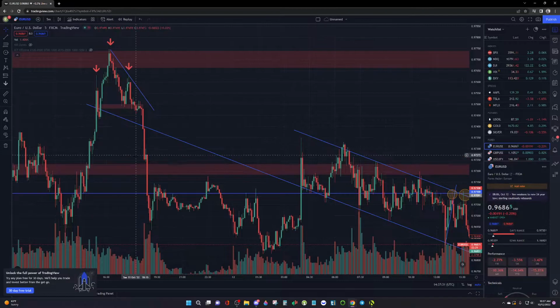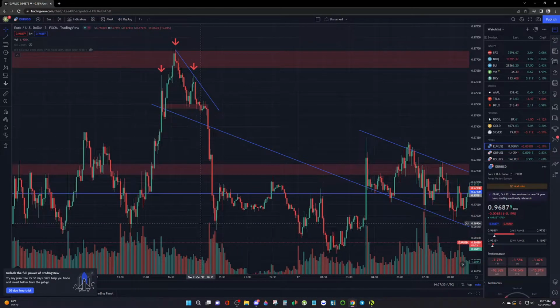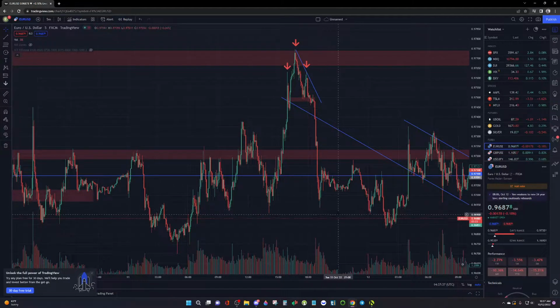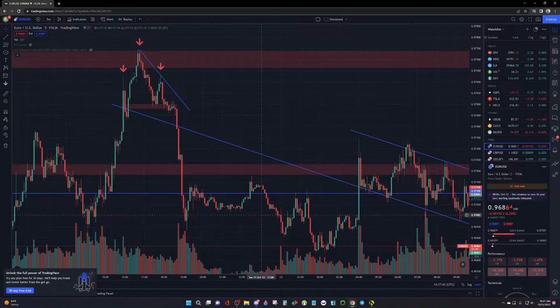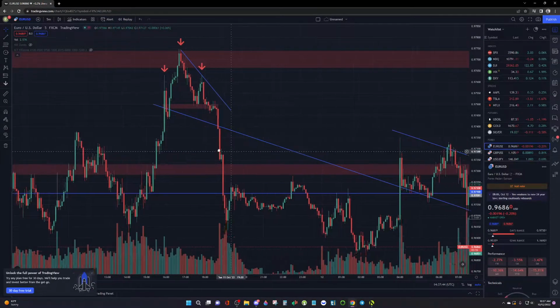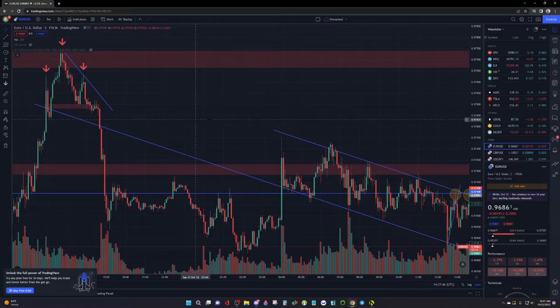This is still great, but it went down even further, and it took a liquidity drop right here, something like that. So yeah, that was a decent trade.